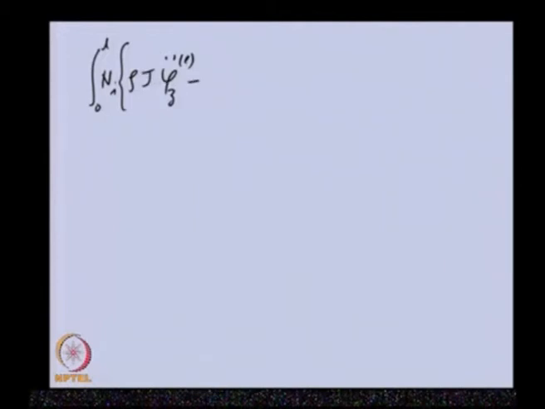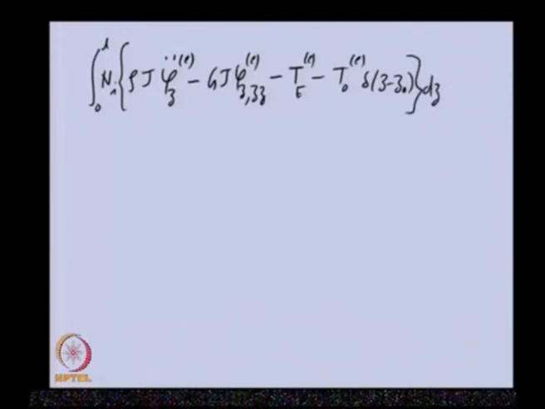Basically, this is the inertia term, and this is the elastic torque term, where comma z z means double derivative with respect to z, then the external distributed torque, and the concentrated torque located at z equal to z naught. This was the residual. We integrate this over the domain and equate it to 0, where i is from 1 to r depending upon the degree of freedom of the element.